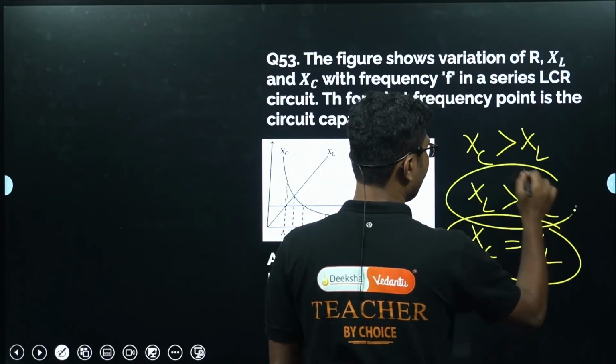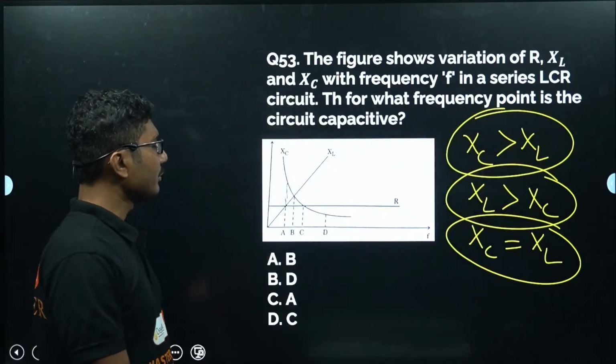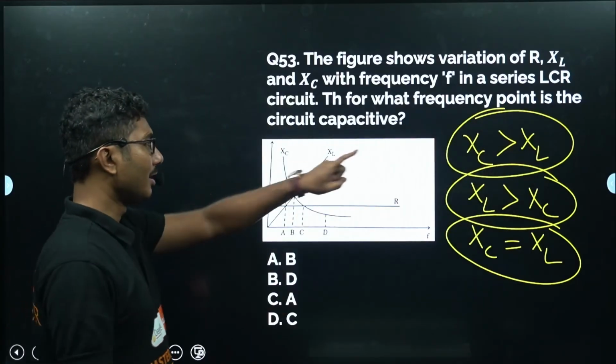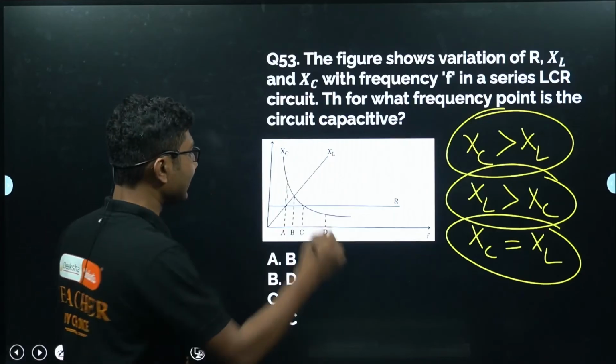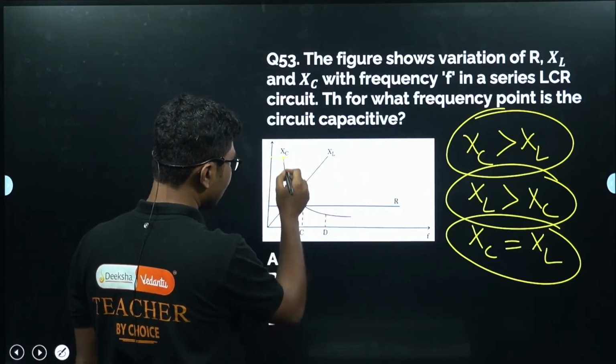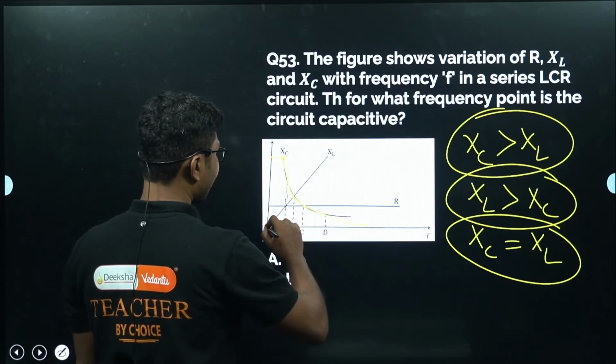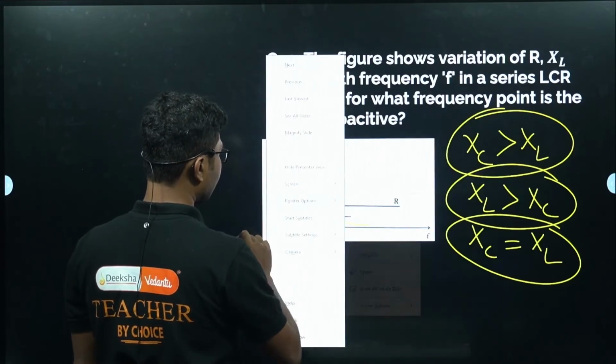This is inductive. This is capacitive. Now look into the graph and tell me where XC is greater than XL. XC started at a high value and slowly decreases, and XL started at a low value and slowly started increasing.